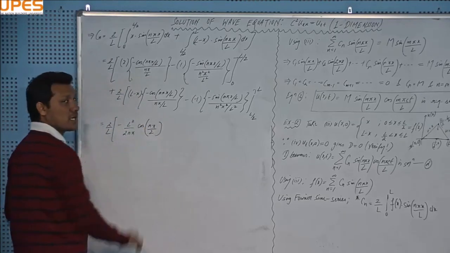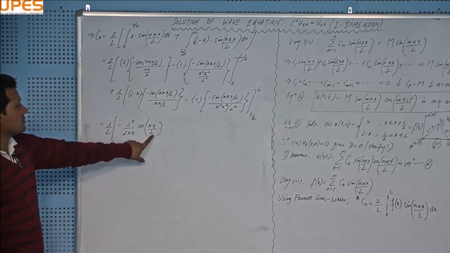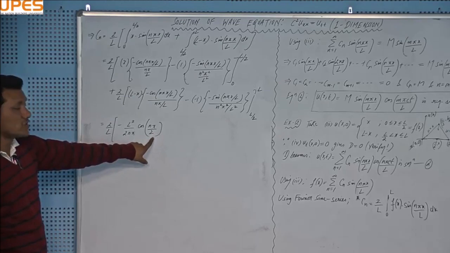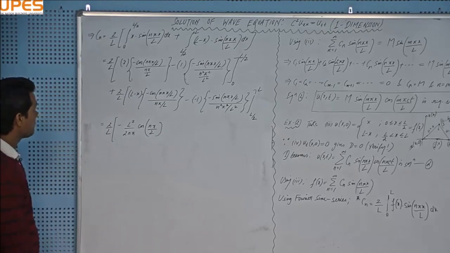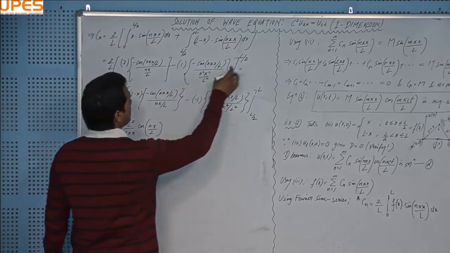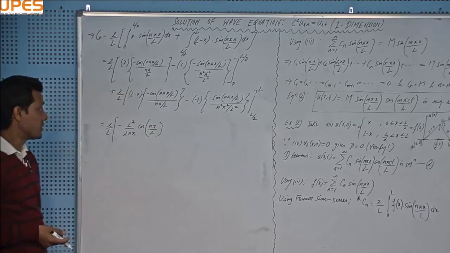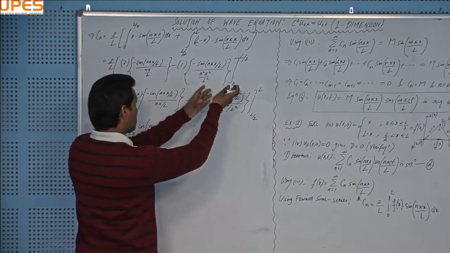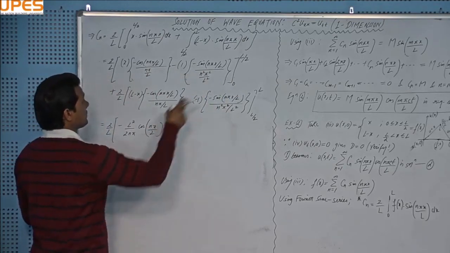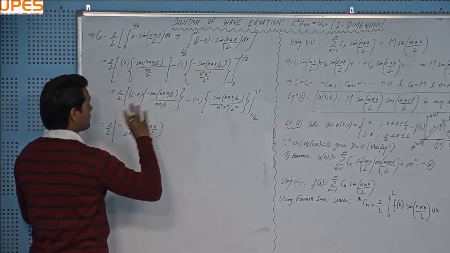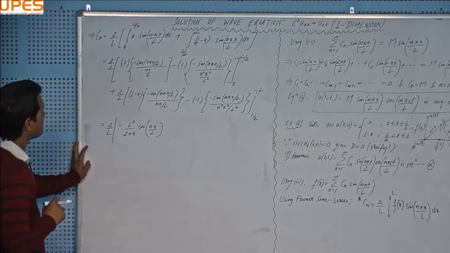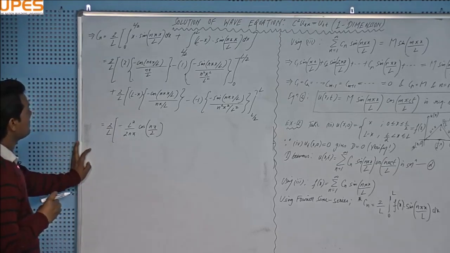Actually this is not 0 every time. It will be 0 if n is an odd number, and if n is an even number, it is plus or minus 1. Okay, fine. But this term will go to 0 because sin n pi is always 0 for all values of n. Then putting the lower limit, that will produce 0 here and 0 here, that is fine. Okay, 0, right, fine.